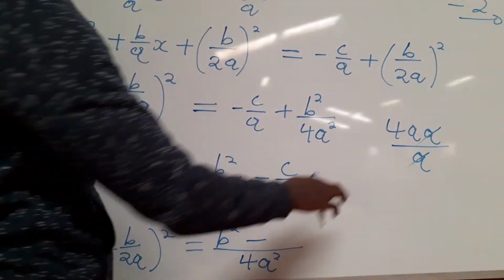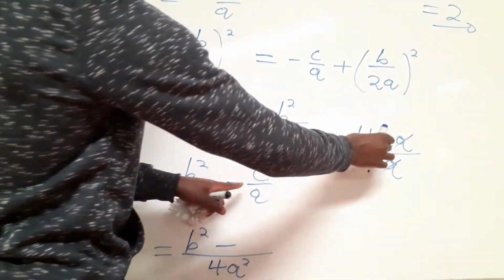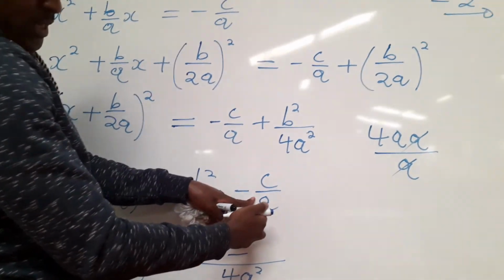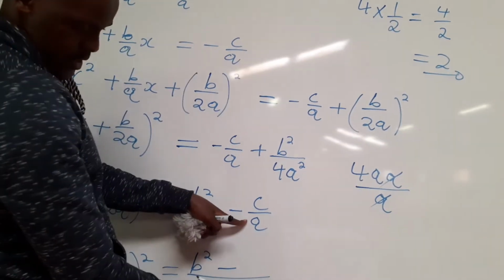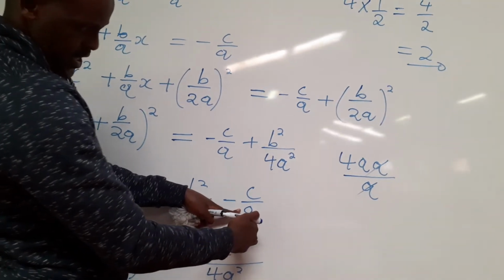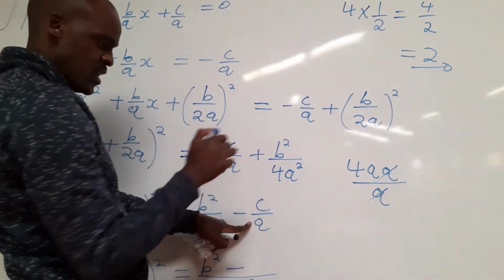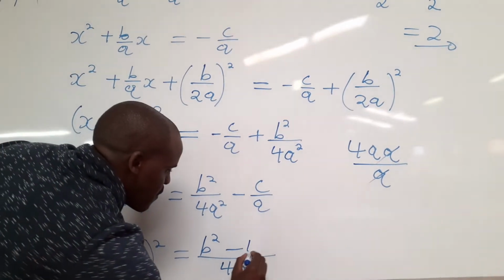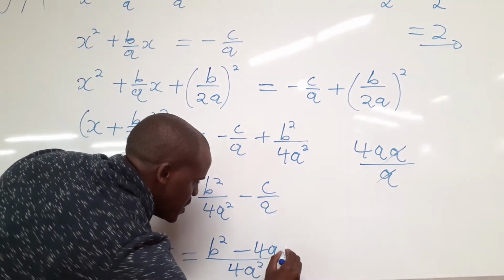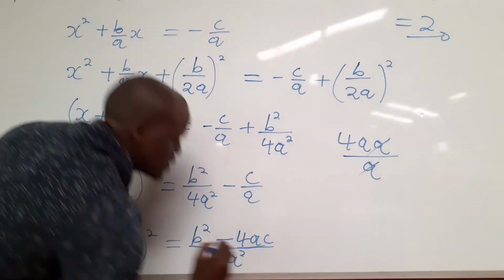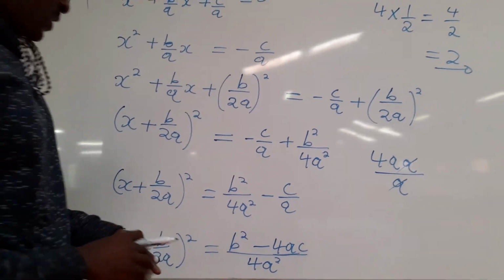We are left with 4a, and then we multiply by the numerator. It will be 4ac, like that.